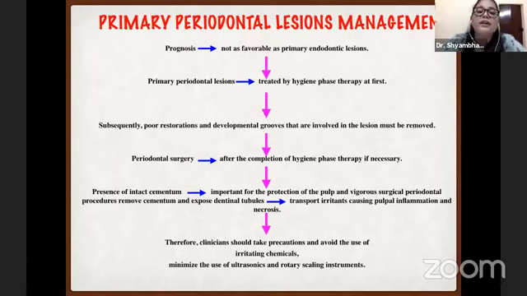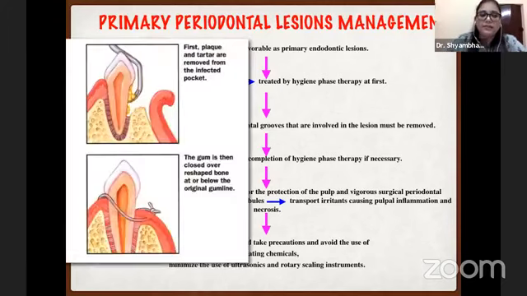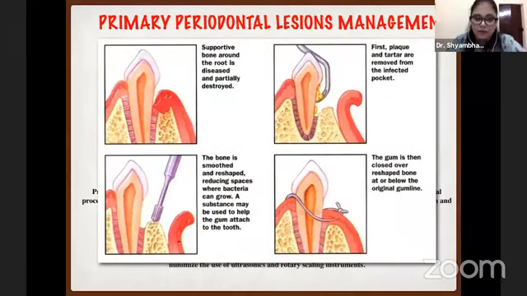So if you are doing rigorous root planing procedures or surgical procedures, there are chances that the cementum might wear off and the dentinal tubules will again form the anatomical pathways for the microorganisms to infect the pulp. So care has to be taken while doing this therapy for primary periodontal lesions. So the use of ultrasonics should be minimized and rotary scaling instruments should be preferred while treating primary periodontal lesions.